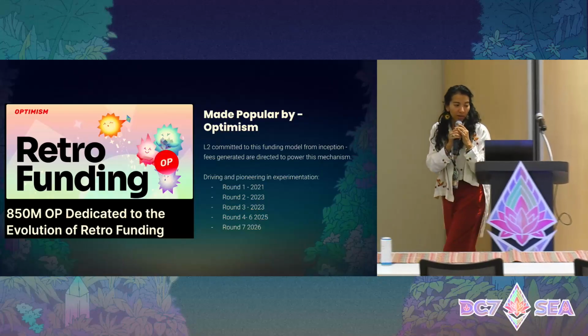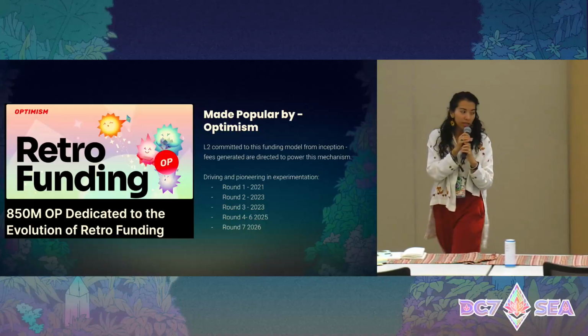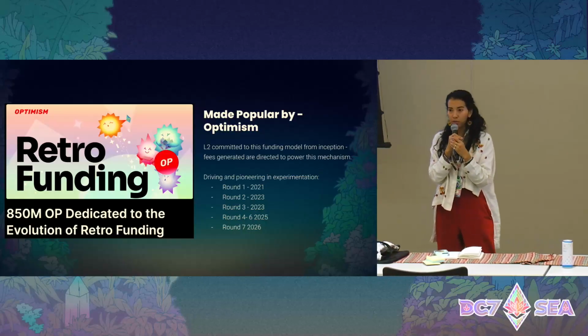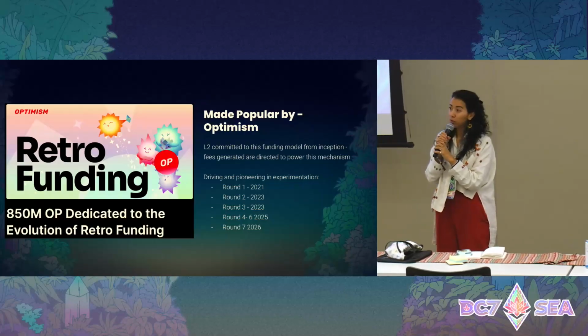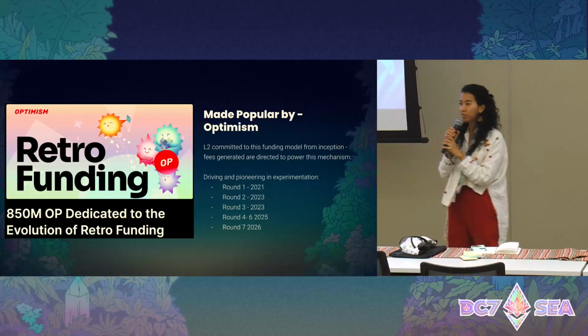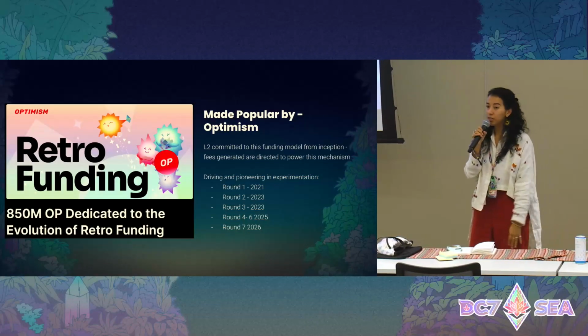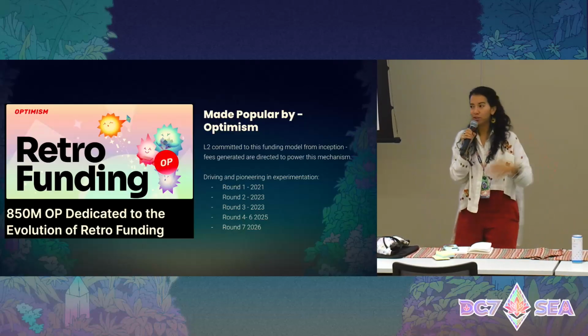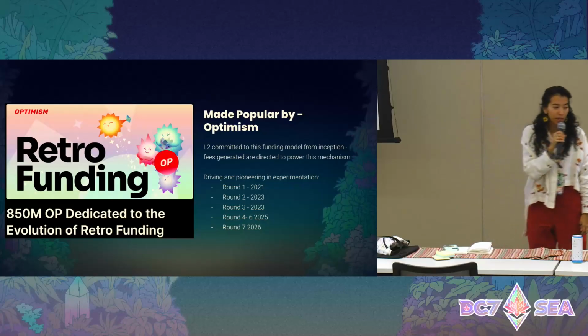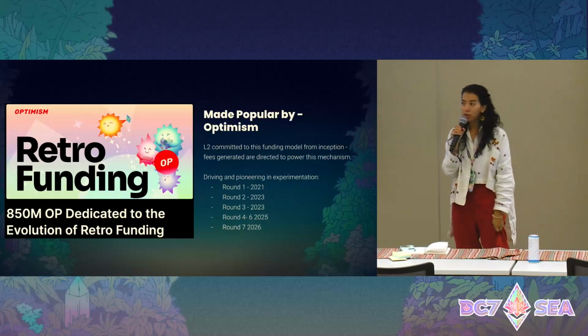Okay. So this is a mechanism that was made popular by Optimism. Optimism has run already 6 rounds. We just closed, I think 1 day ago, the latest 6th round. Optimism, for those of you that don't know it, is an L2 that has committed to this funding model from inception.